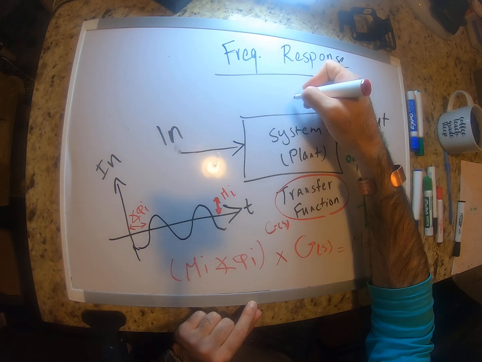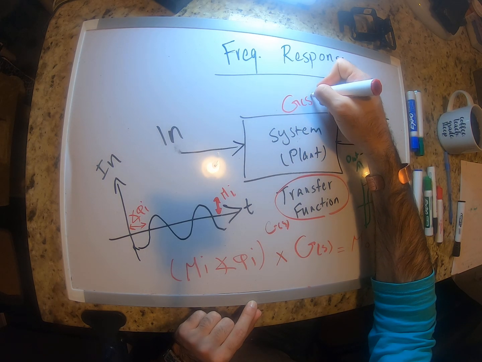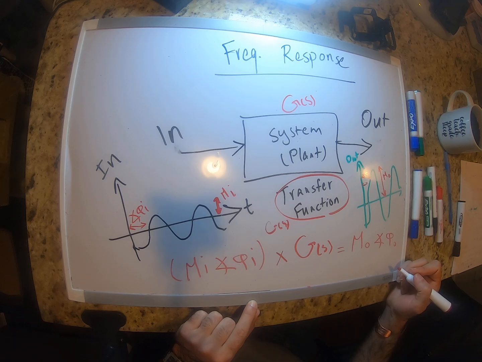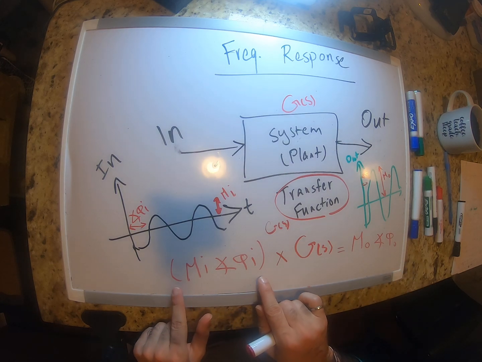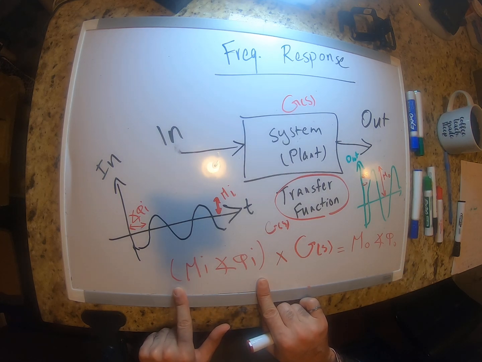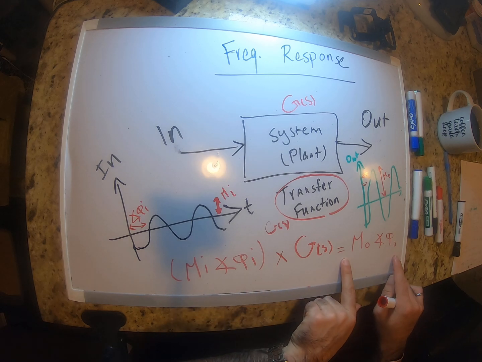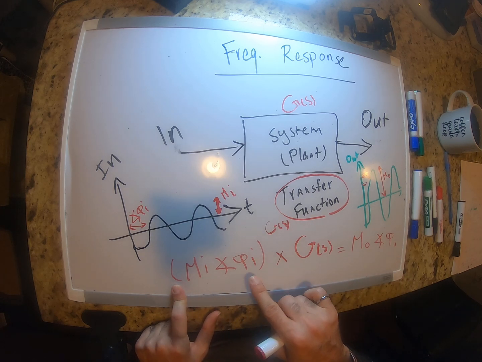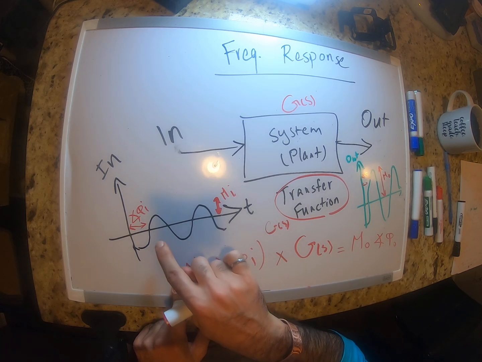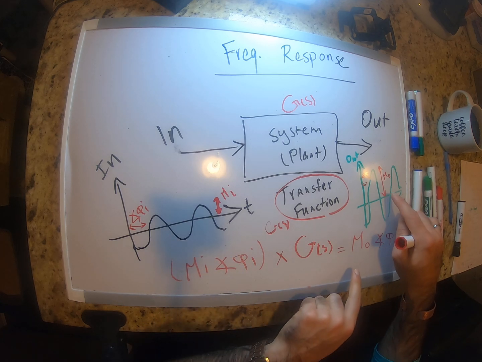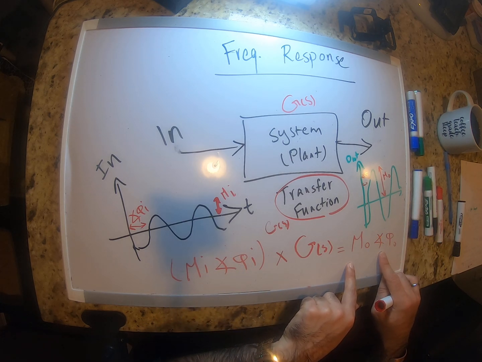Right, so let me just call this transfer function G of s. If I multiply the frequency domain input by the transfer function, I'm going to get the output. What's the frequency domain? It's basically the Laplace transform of the input, and this is the Laplace transform of the output.